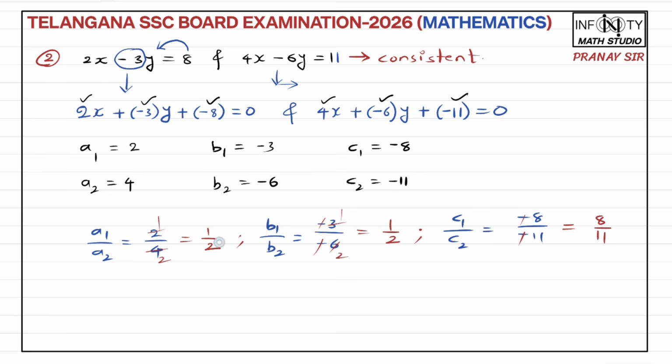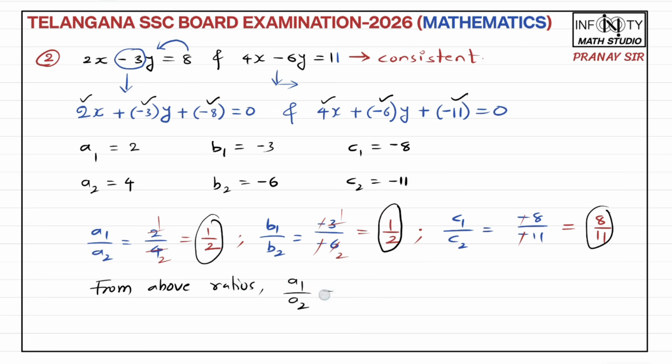Now compare the 3 ratios: 1 by 2, 1 by 2. Both are equal, and 8 by 11 is not equal. So from the above ratios, what do we write? a1 by a2 is equal to b1 by b2, which is not equal to c1 by c2.